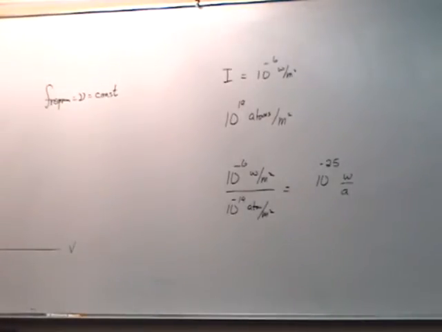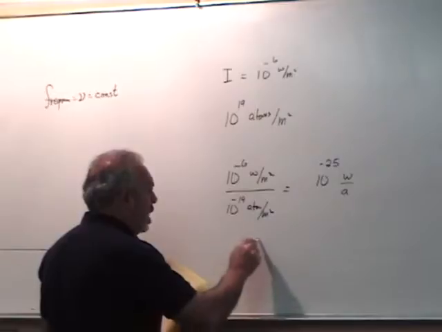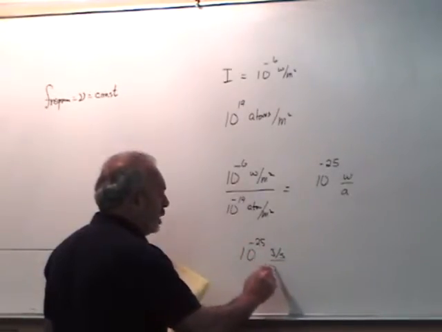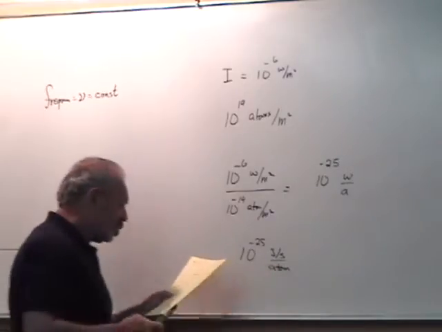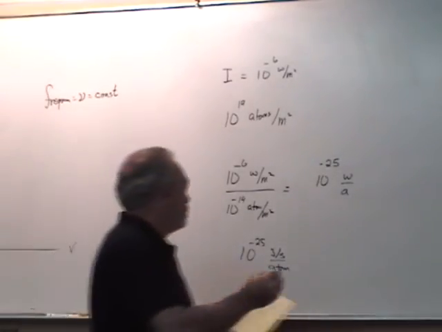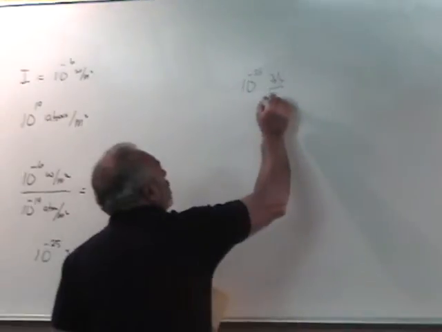It's absorbing energy at the rate of 10 to the minus 25 watts per atom. Okay, if you wish, that is 10 to the minus 25 joules per second per atom. That's the rate at which we are absorbing them. Now let's convert that.